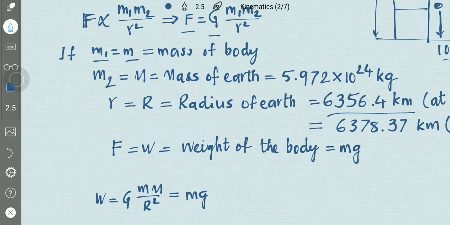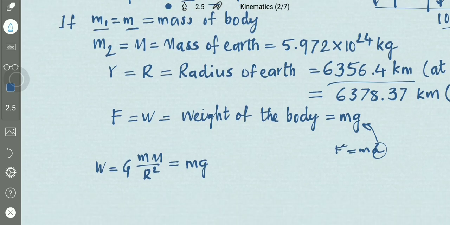And the force of attraction. Force of attraction means the weight of the body, right? What is weight of the body? The force with which the earth attracts the body is called weight of the body, which is equal to m into g, because force is mass into acceleration. Here the acceleration is due to gravity, and it is small g.